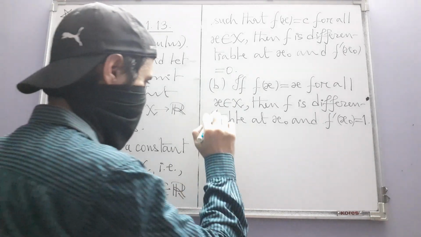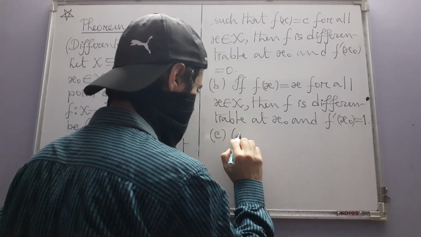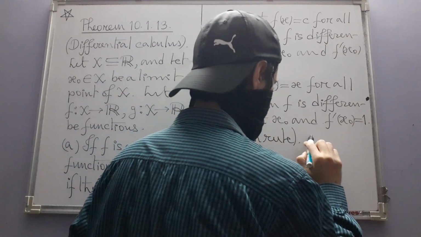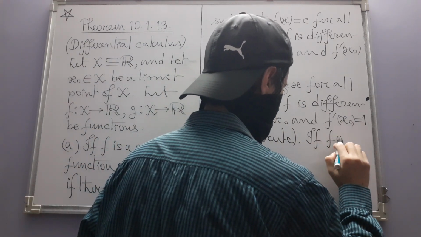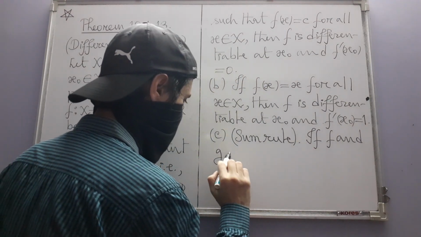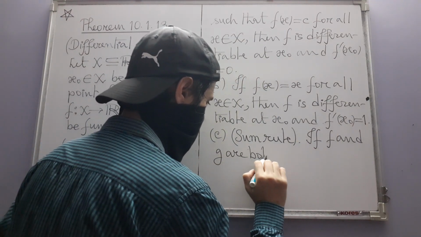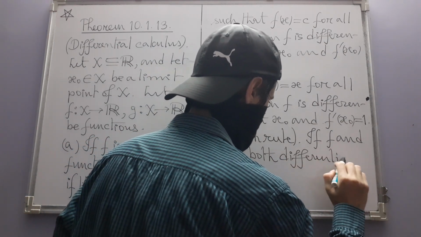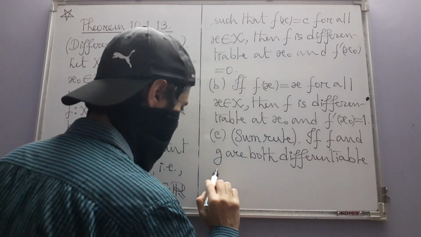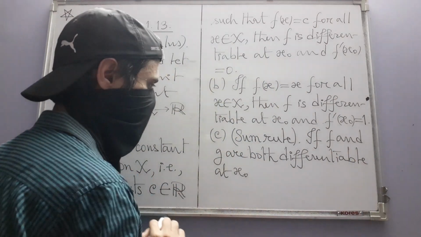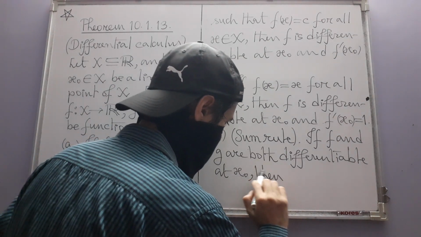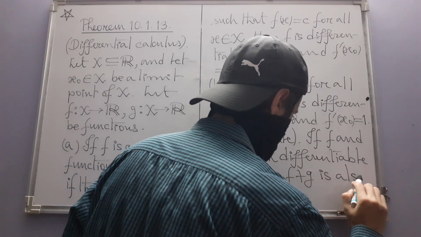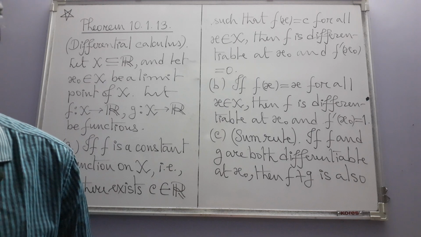And then of course we have our familiar sum rule. If f and g are both differentiable at x naught, then f plus g is also differentiable at x naught.